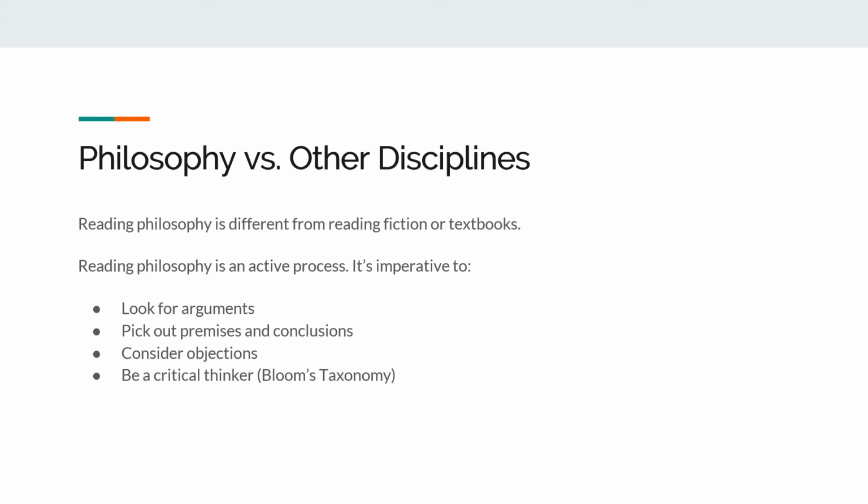But philosophy is much different. Philosophy is argumentative, it's meant to be persuasive. And so it's not quite clear that the author of the work is providing factual information. They're trying to do work to deduce information or induce information, whether they're using deductive or inductive logic.